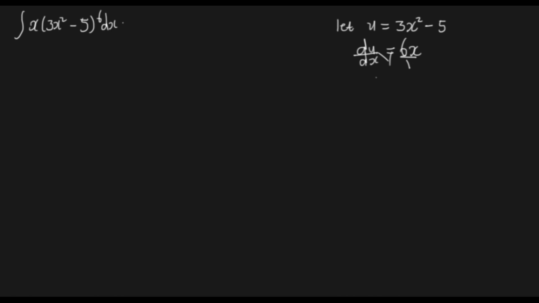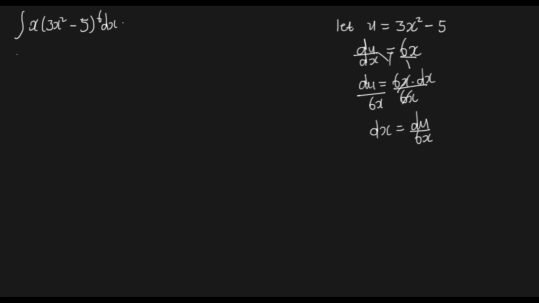So du times 1 is du, is equal to 6x dx. Dividing by 6x, we can see that dx is equal to du over 6x.